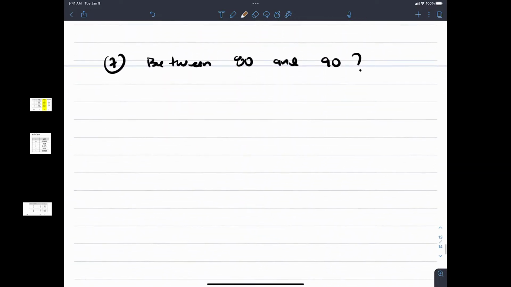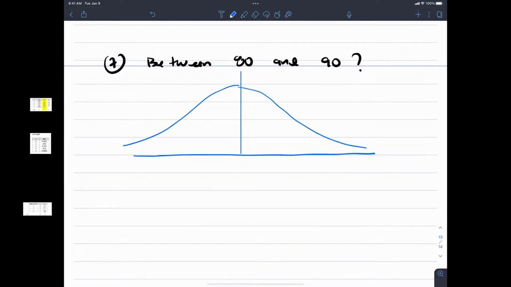All right, and then between 80 and 90. So isn't 80 to the right? Isn't it larger? So is 90, right?